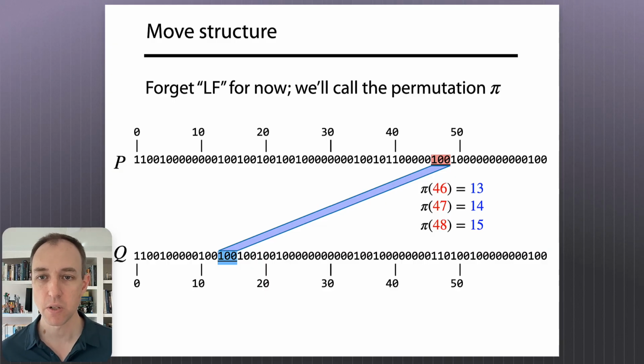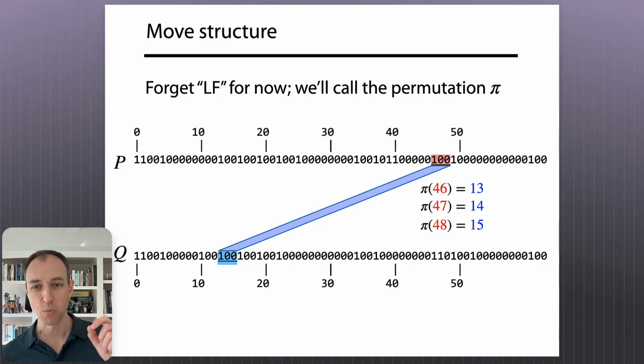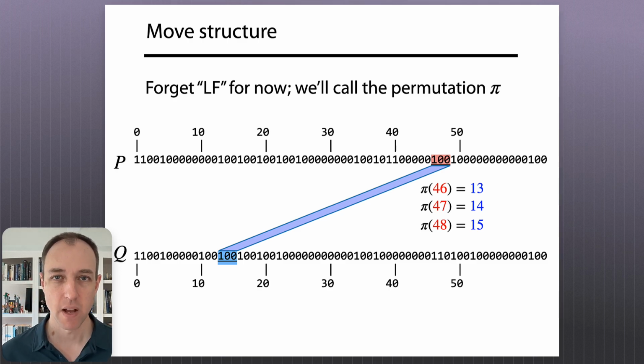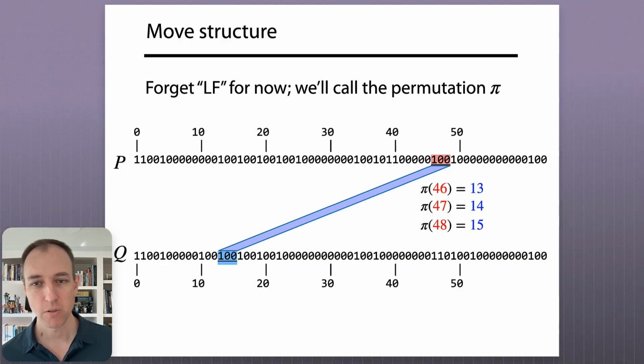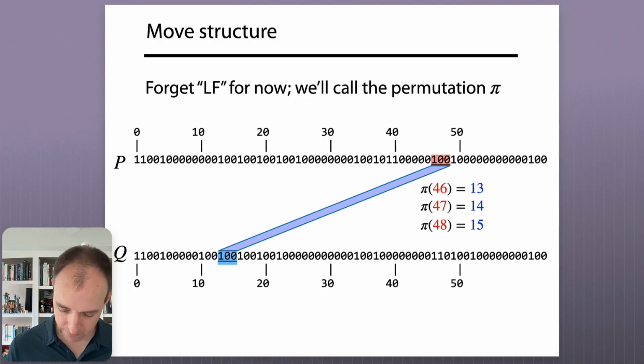If we take the offset 46, push it through this permutation, you can visually imagine we're sliding along that parallelogram and we land on offset 13. Likewise, for the two other offsets that are part of that run, 47 and 48, we land on adjacent positions, 14 and 15. So 46 goes to 13, 47 goes to 14, 48 goes to 15. I'm just getting you used to this notation of pi.